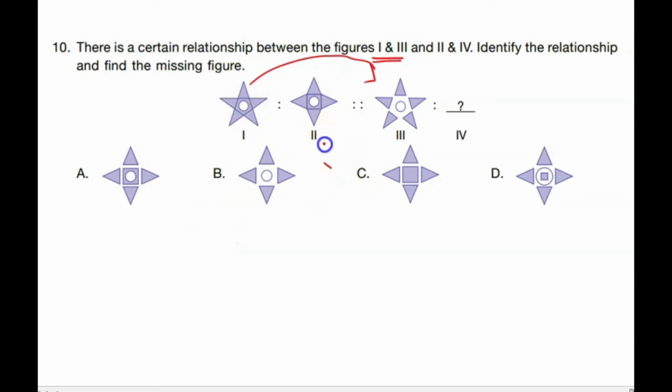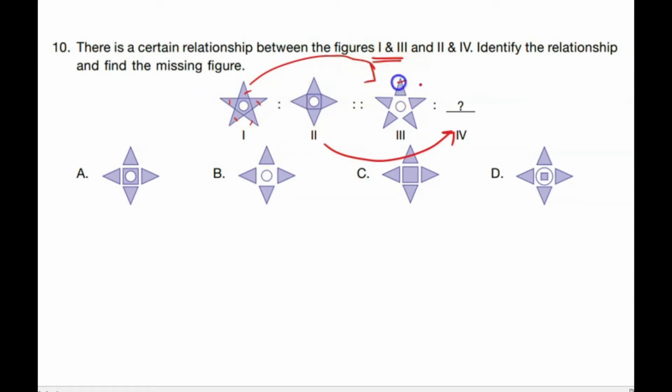So 2 will have sub-relation with 4. That means we have to find the relation between 1 and 3 so that we can use that relation and find the question mark.